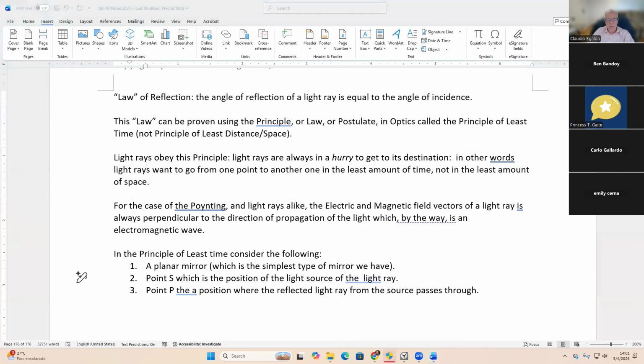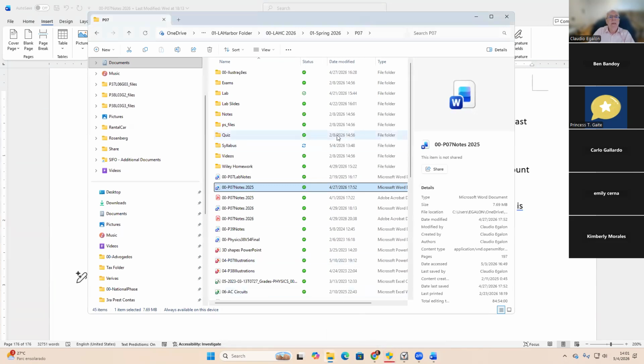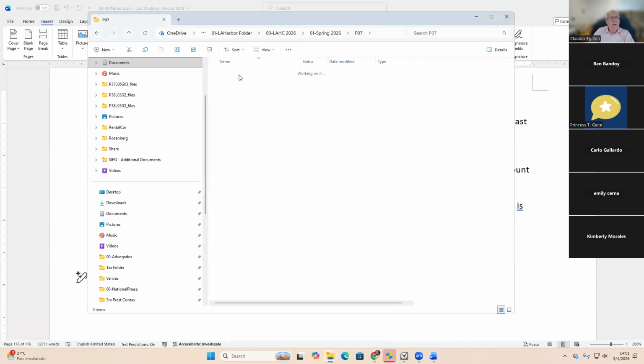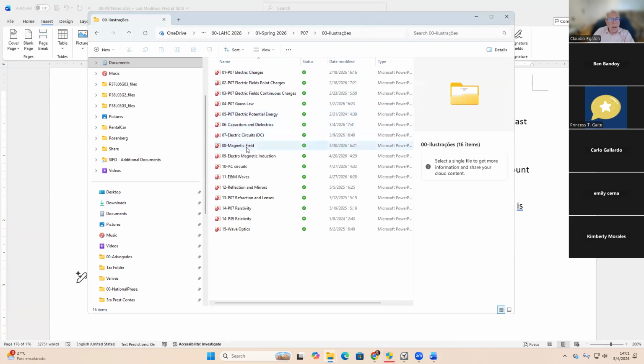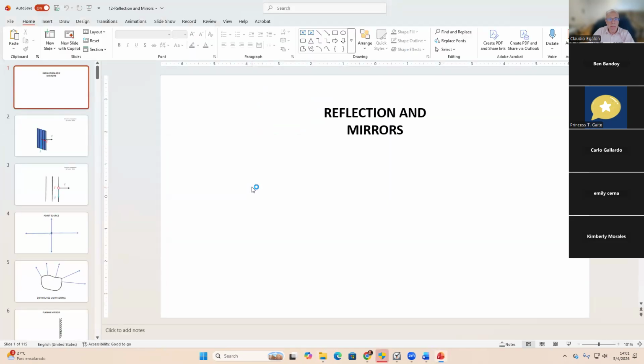I'm going to draw that for you. In physics, we do very simple drawings, so you don't need any specific skill of drawing fancy situations. Illustration right in here: electromagnetic reflections and mirrors.